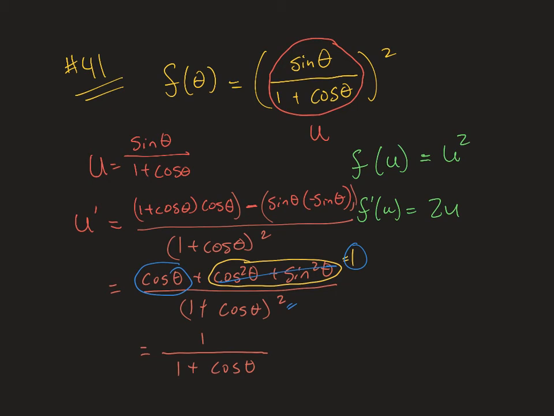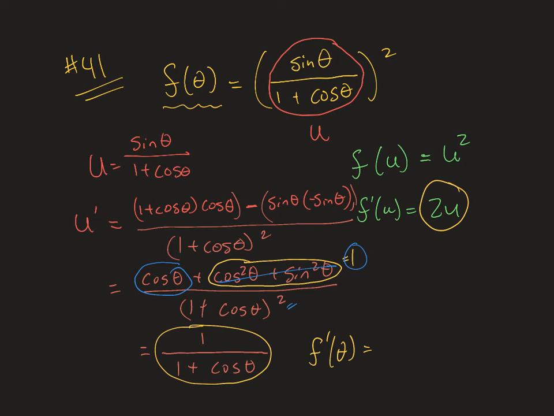So now I just need to multiply these two things together, and I'm going to do it in yellow. I'm going to multiply 2u times 1 over 1 plus cosine theta. And that means f prime of theta, my original function was f of theta. F prime of theta is going to be 2 times u, which is sine theta over 1 plus cosine theta, times 1 over 1 plus cosine theta.